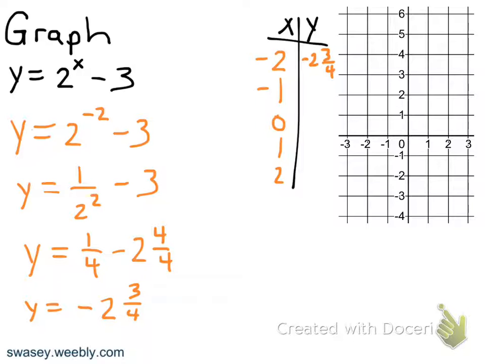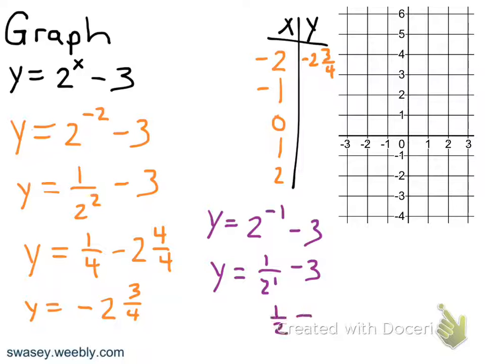Next, we'll plug in -1. So anywhere there's an x, we'll put -1. 2 to the -1 power is the same as 1 over 2 to the first power, or 1/2. 1/2 minus 3 is -2.5.